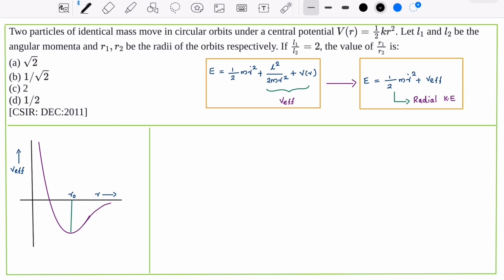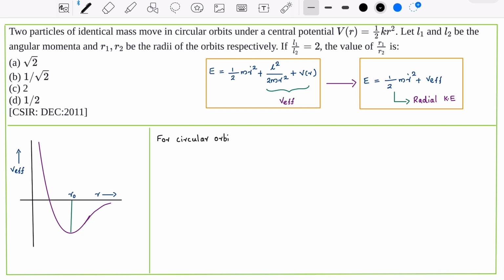We have the expression for total energy in the case of a particle which is moving in central force, given by E is equal to half m r dot square plus V effective, where V effective is equal to L square by 2m r square plus V of r.